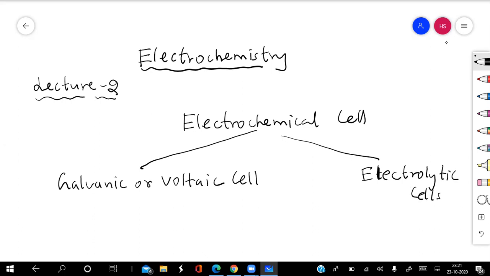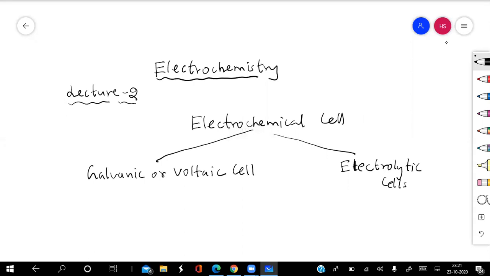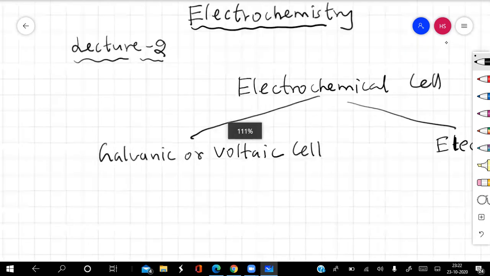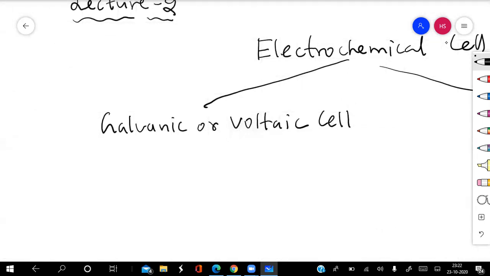Now, as you know, in this chapter we have two forms of energy. One is chemical energy and the other is electrical energy. And we are going to learn only about these two energies and their interconversion. So in a galvanic or voltaic cell, the conversion taking place is from chemical energy to electrical energy.